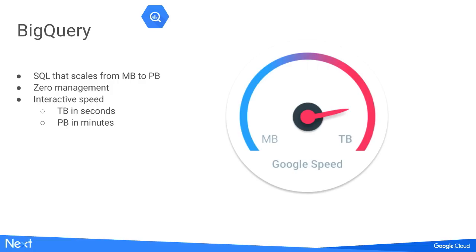It just scales as you need. It's what I like to think of as interactive speed: when you're in the BigQuery console, you can just write a query, and before you have to switch tabs, certainly before you have to walk down the hall to get a coffee, your query runs.